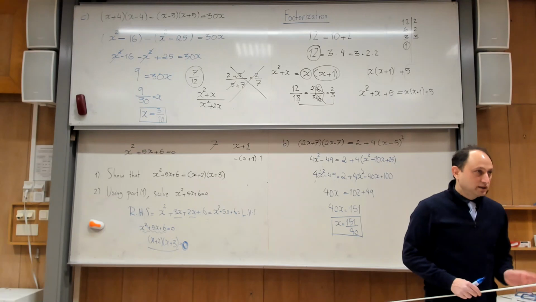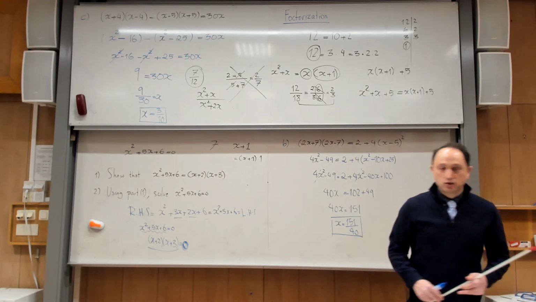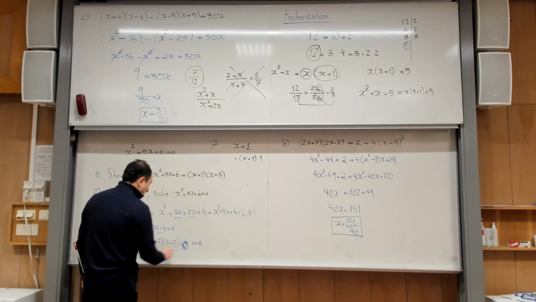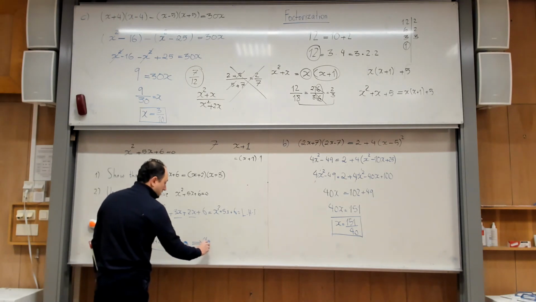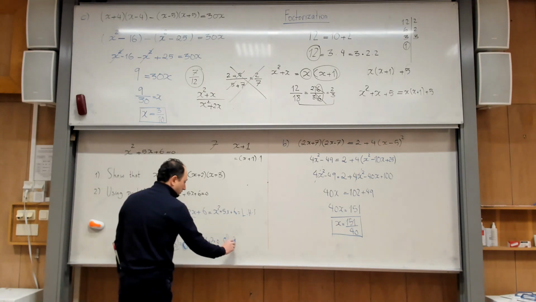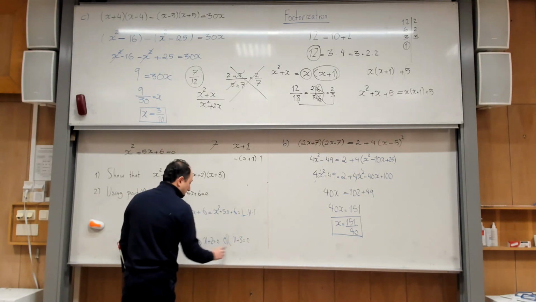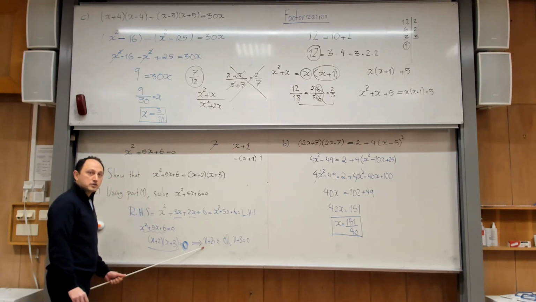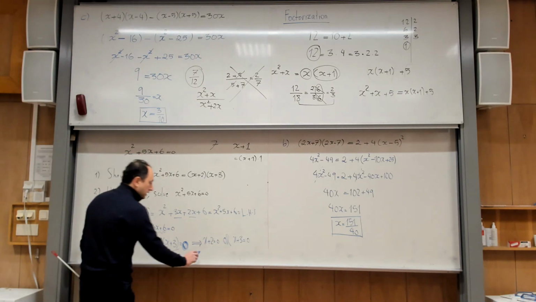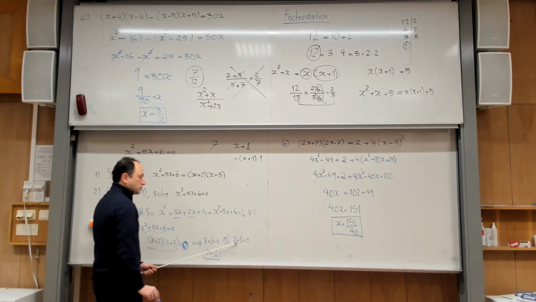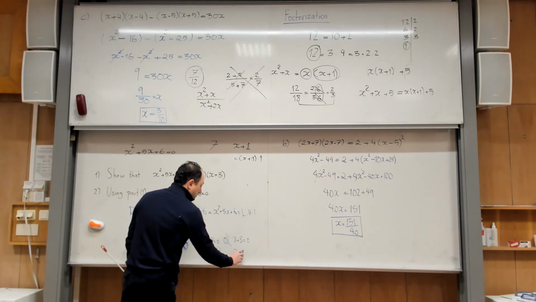At least one of them is 0. So it means that either x plus 2 is 0 or x plus 3 is 0. When x plus 2 is 0, it is not at all hard for us to know x. I move 2 to the other side, x becomes negative 2. And then x plus 3, I move 3 to the other side, x becomes negative 3.